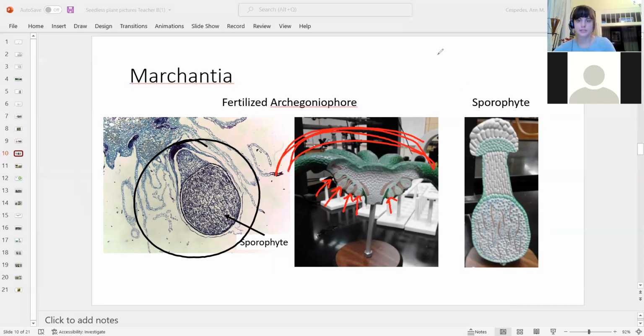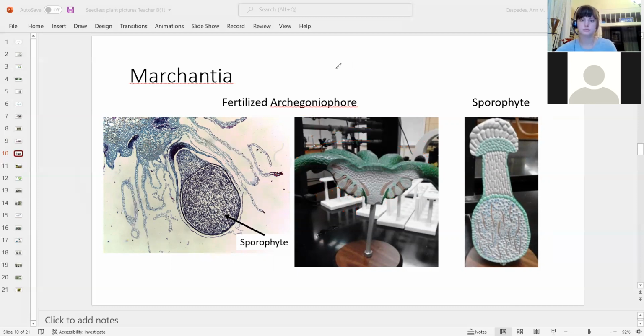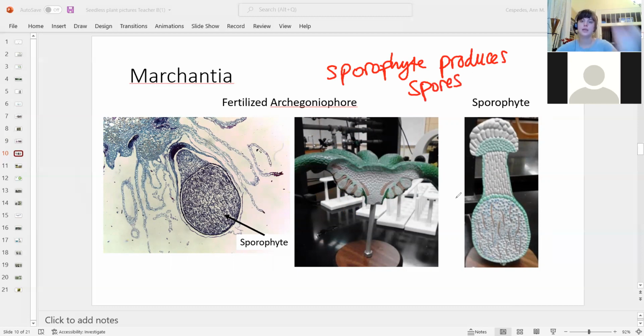And what does a sporophyte do? Produces spores. Very good. The part of the sporophyte that produces spores is called the sporangia, which is all up in here. So you're relating this to our little life cycle diagram. We have the sporophyte generation. All it is is this little light bulb shaped microscopic thing.